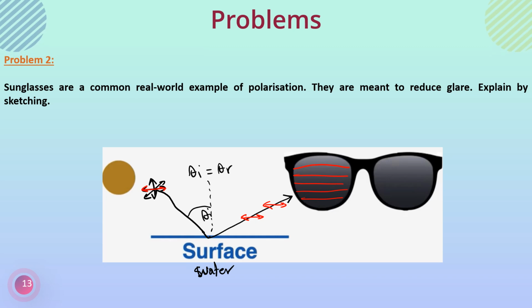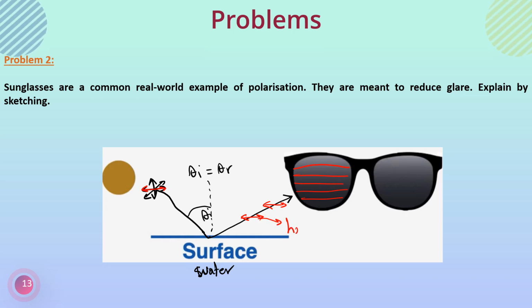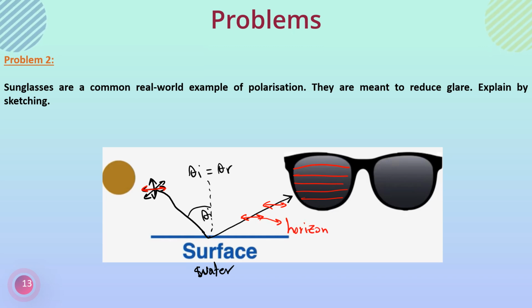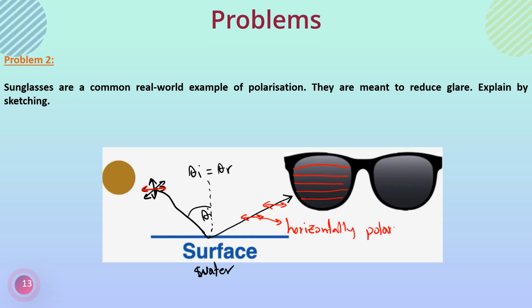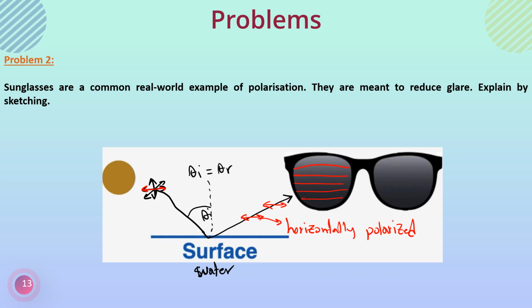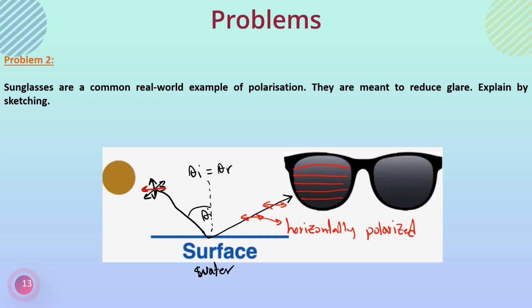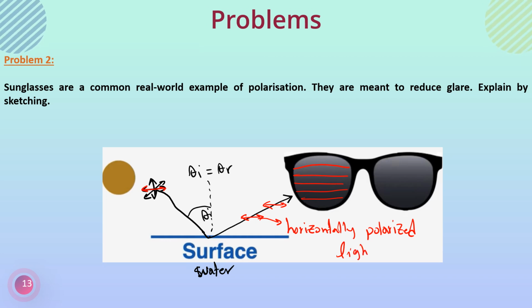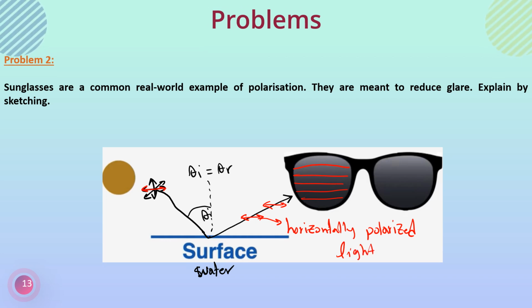The horizontally polarized light will pass through the sunglasses. So what is the use of the sunglasses? The main use of the sunglasses is to reduce the glare, right?